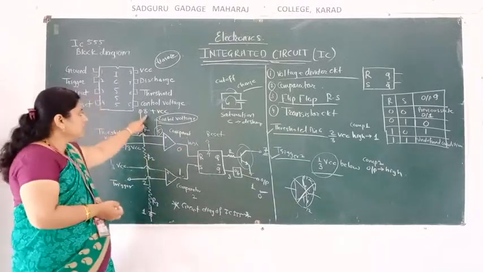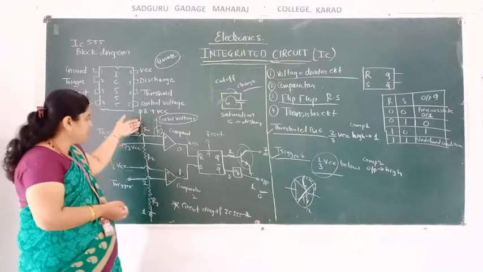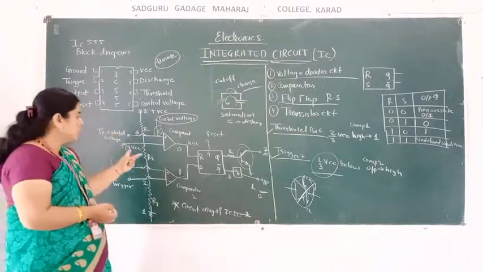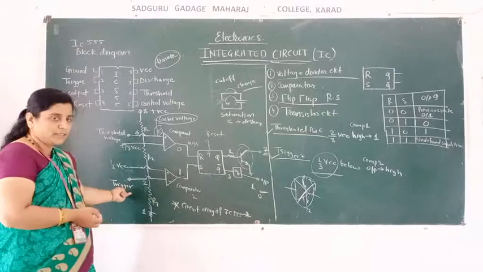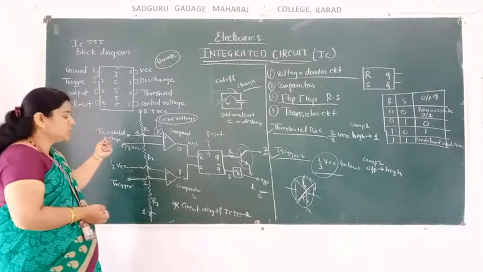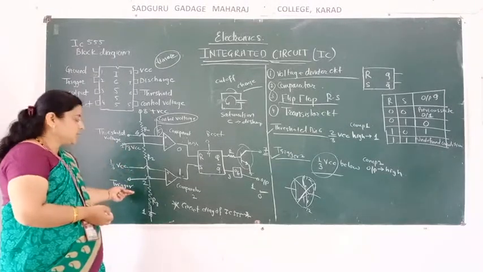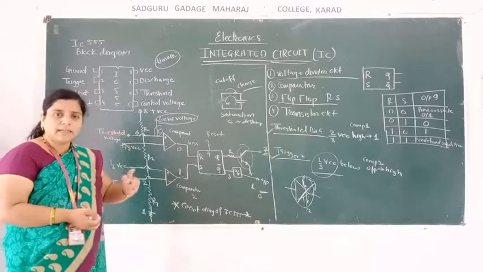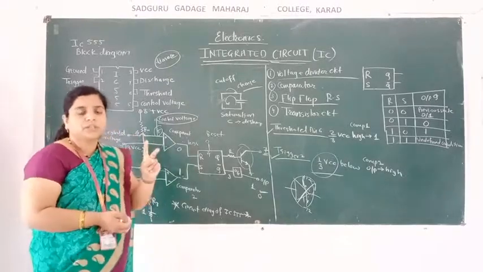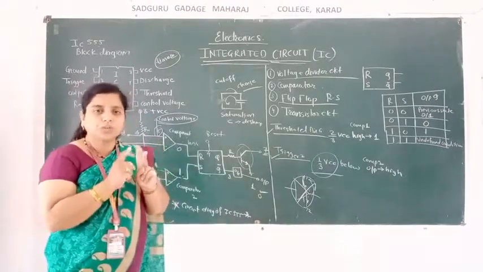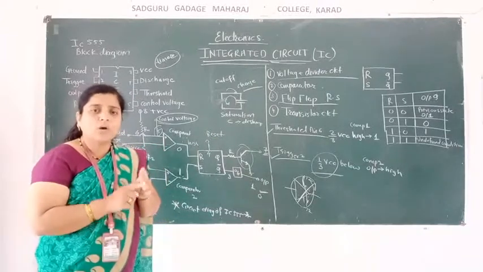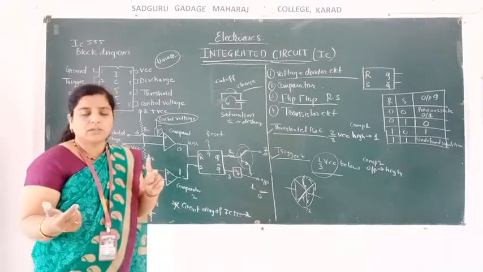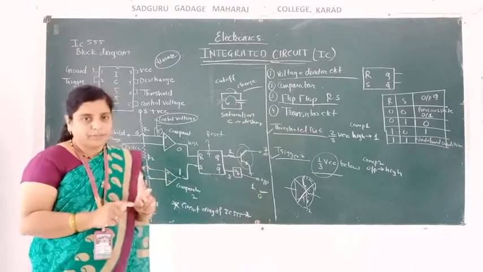So this pin number 8 is given plus 5 volt, and it will be divided into two voltages, 2/3 voltage and 1/3 voltage. 2/3 voltage is given to the threshold, and 1/3 is given to the trigger. So threshold and trigger are the two inputs on which the whole working depends. Whether the input is high or low, the output depends on these two inputs.